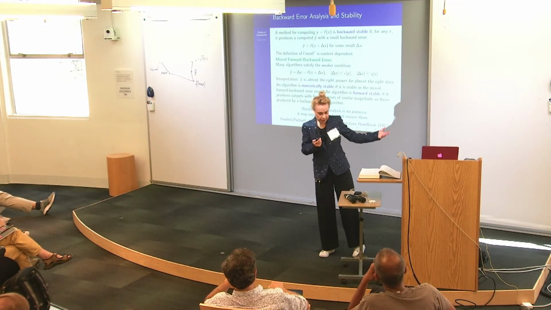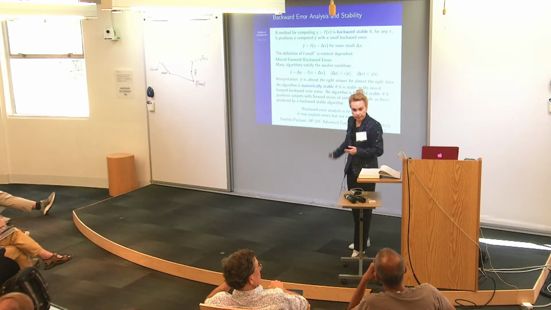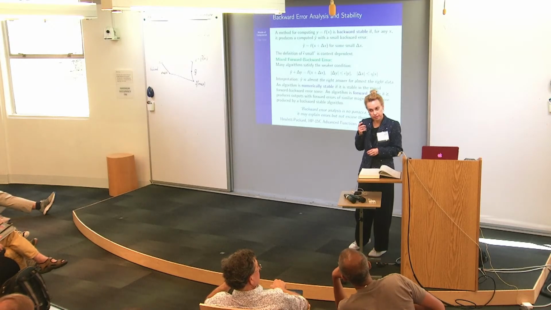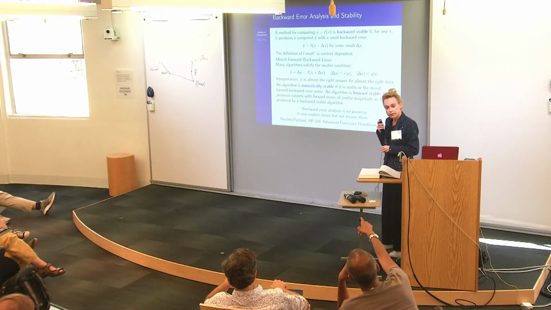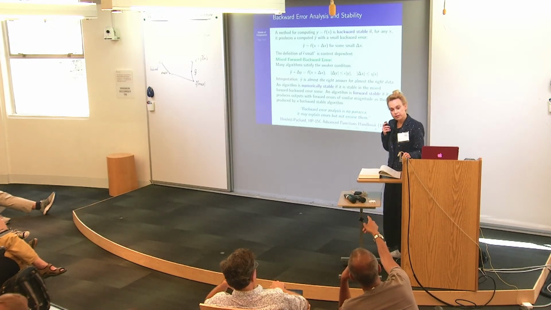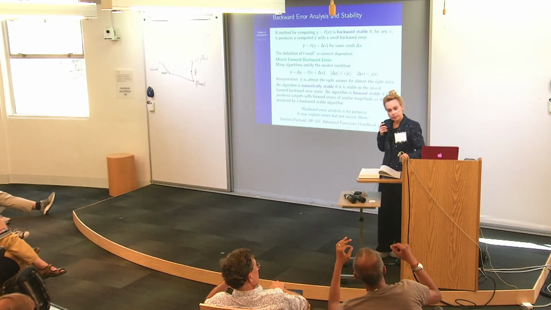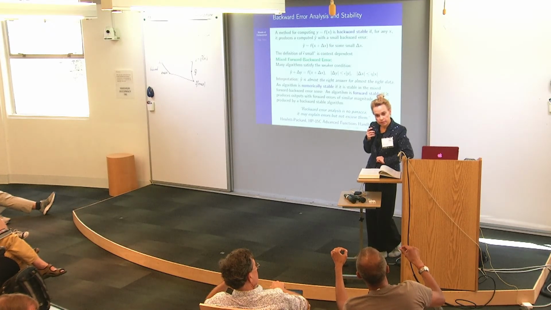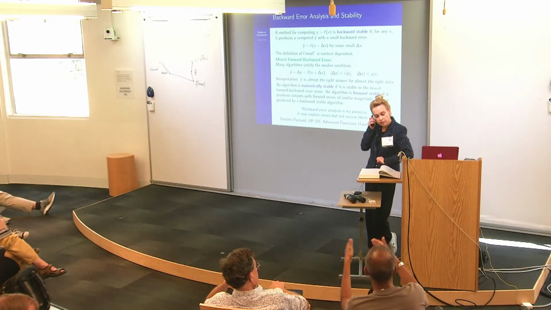But then you're back to the input. But this definition refers to backward stability in the definition of forward stability. I'm just asking why there isn't a self-contained definition of forward stability that just says alg of x is close to f of x in relative error. Because there's a condition number that has to come in, which will come in on the next slide. Got it, okay, no worries.